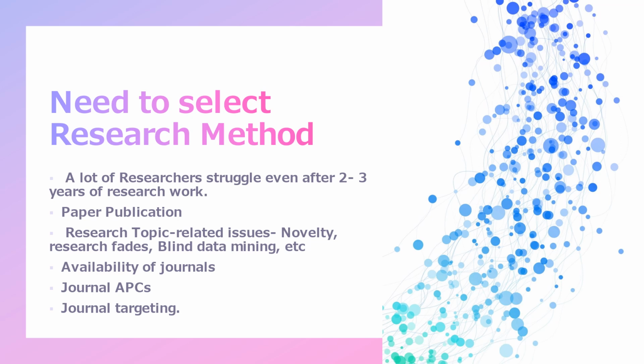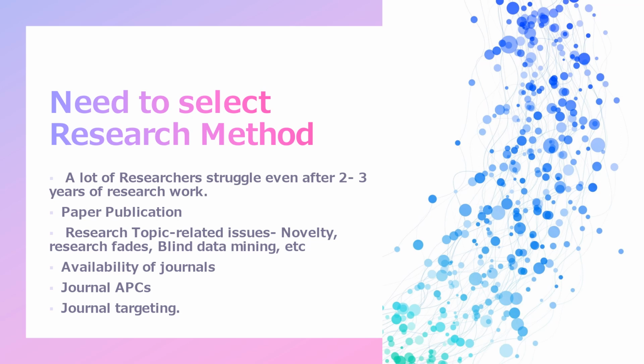Now there are some Scopus journals, there are some SCI journals, and there are some very prestigious publication houses like Springer and Elsevier. Definitely I'm going to tell you in some other video what these journals are, what Q1, Q2, Q3, Q4 journals are. Everything I will tell you in the coming videos.